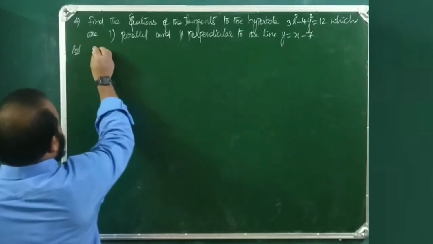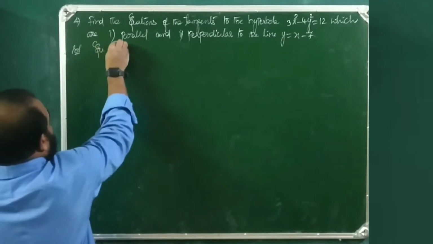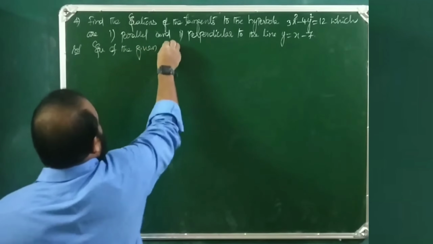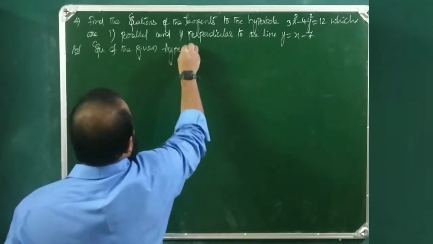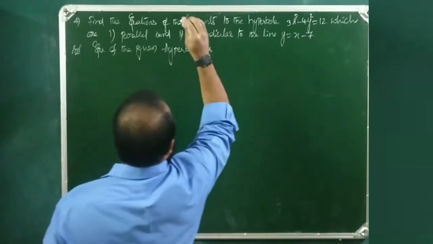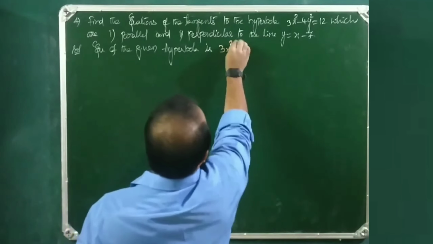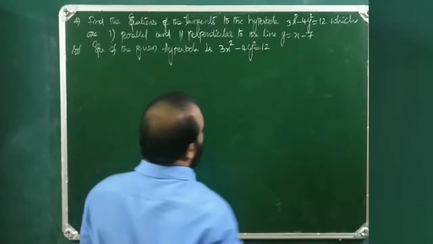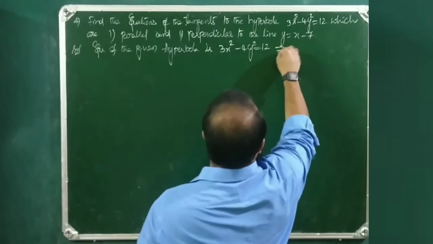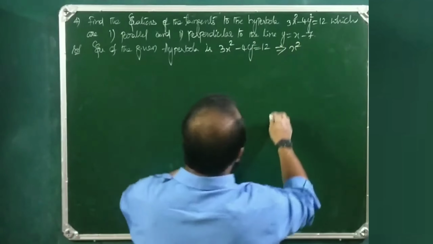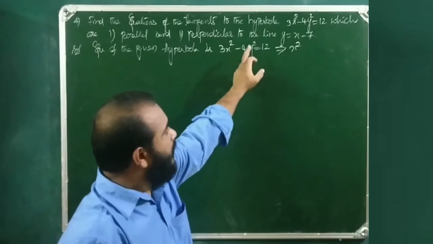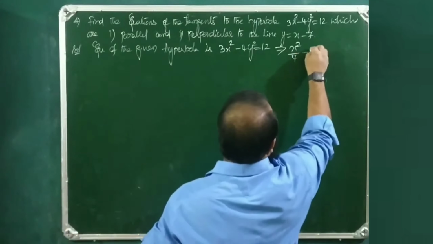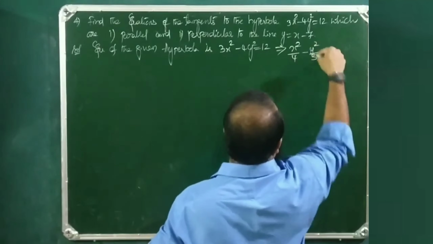Solution: the equation of the given hyperbola is 3x square minus 4y square is equal to 12. So dividing by 12, this is x square by 4 minus y square by 3 equals 1.